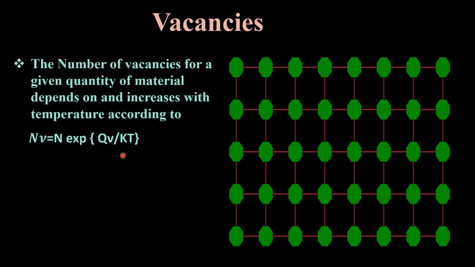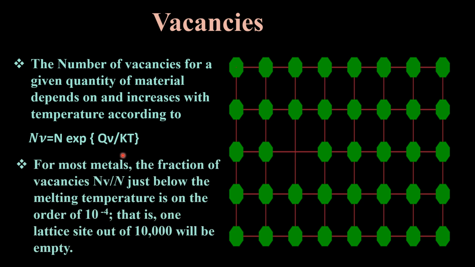When it becomes free, it moves from its lattice site, leaving behind a vacancy. So we can say that as we increase the temperature, the number of vacancies increases. For most of the metals, the fraction of vacancies, that is Nv divided by N.